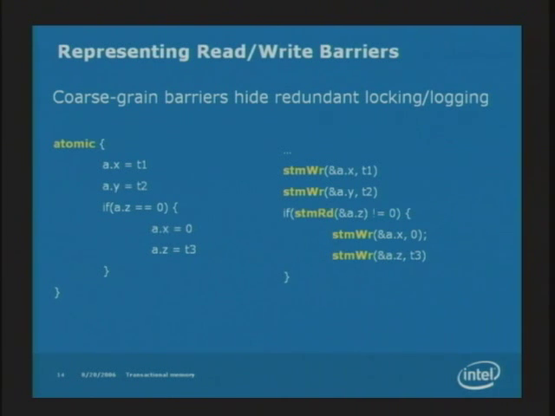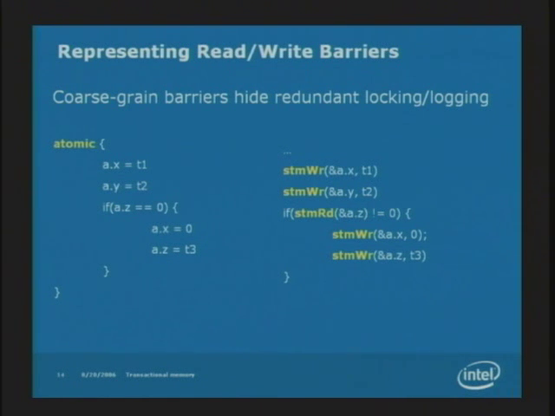Now, one of the things that you want to notice here is that there's a lot of redundancy here. So if you notice these two STM writes, they would actually try to grab the lock on the same object and then do the undo logging. But that is really redundant. Once you have grabbed the lock at this point, you really don't need to grab the lock at this point. And moreover, when you do the read of the same object, you already got exclusive access of it.